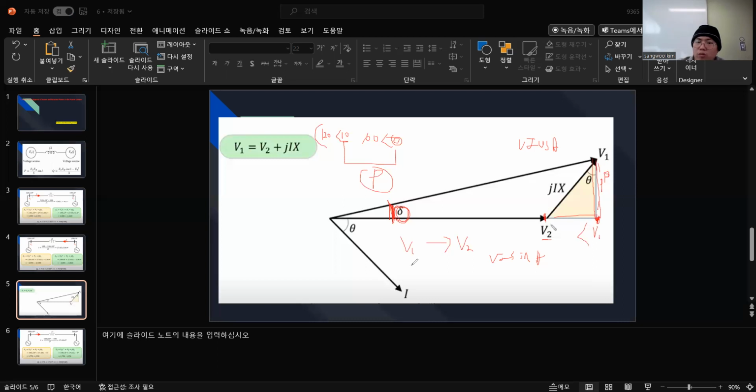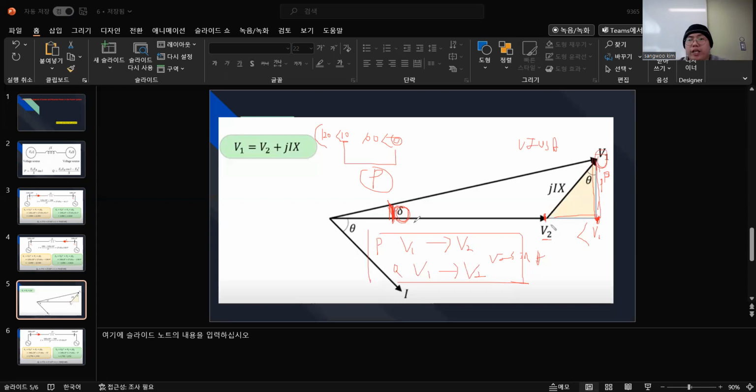And also, yeah, this is P. And the angle is higher at V1, and then V1 to V2. And then, yeah, that's it. Kind of easy, right? But actually, yeah, try to understand it, you know what I mean? It makes it easier to understand the power system.